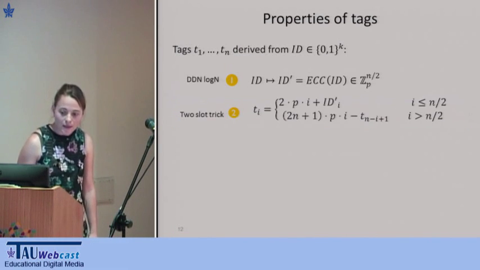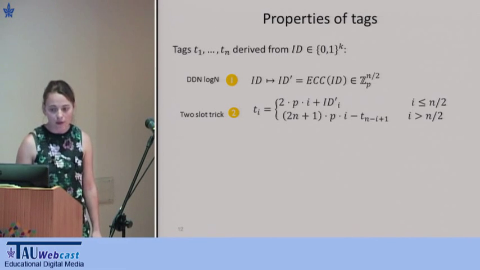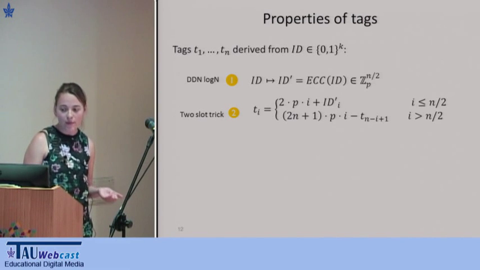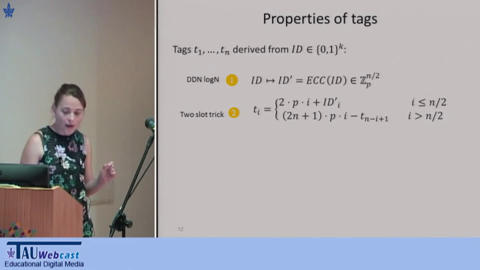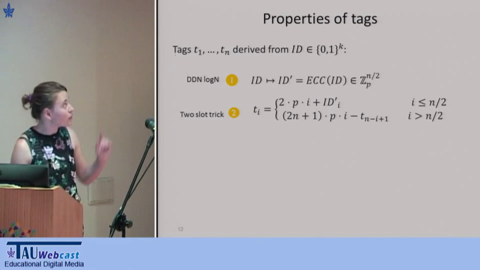Okay? The second step would be to take these elements after the error-correcting code and just add them to some value. So we have n over 2 elements. For each element in entry i, we will add 2 times p times i to it, and we will obtain tags T1 up to Tn over 2 by doing that.